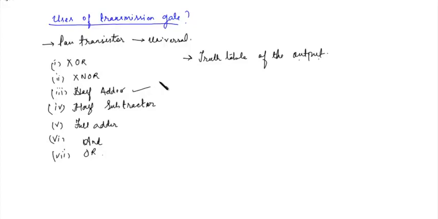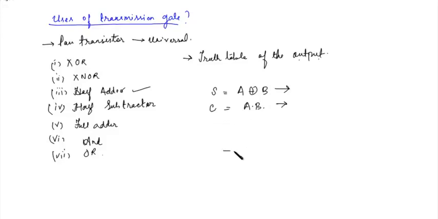For example, for a half adder, the sum and the carry. Sum is A XOR B and the carry is A and B. So the truth table for sum, that is the truth table of XOR gate and truth table of AND gate, by keeping in mind these two, we have designed a transmission gate, the schematic diagram, and then the corresponding twisted schematic and the layout.